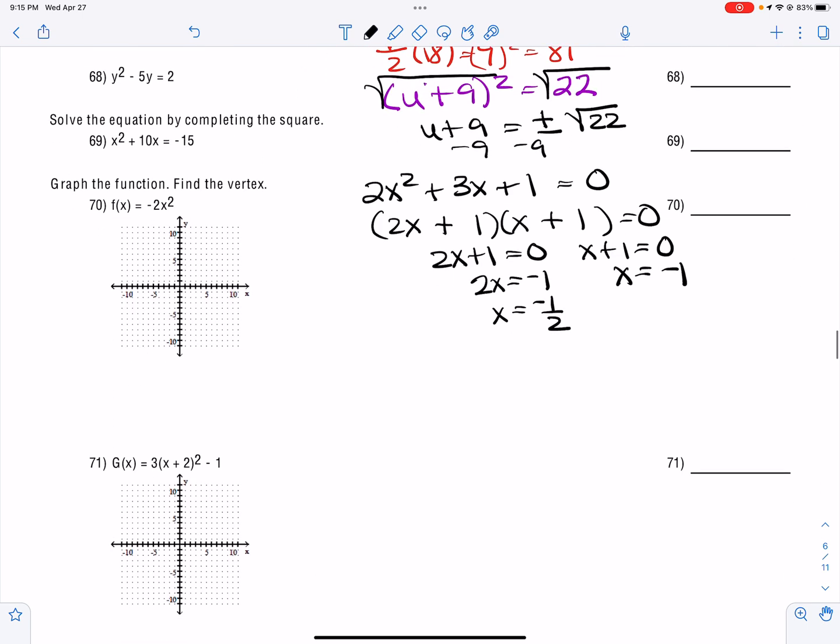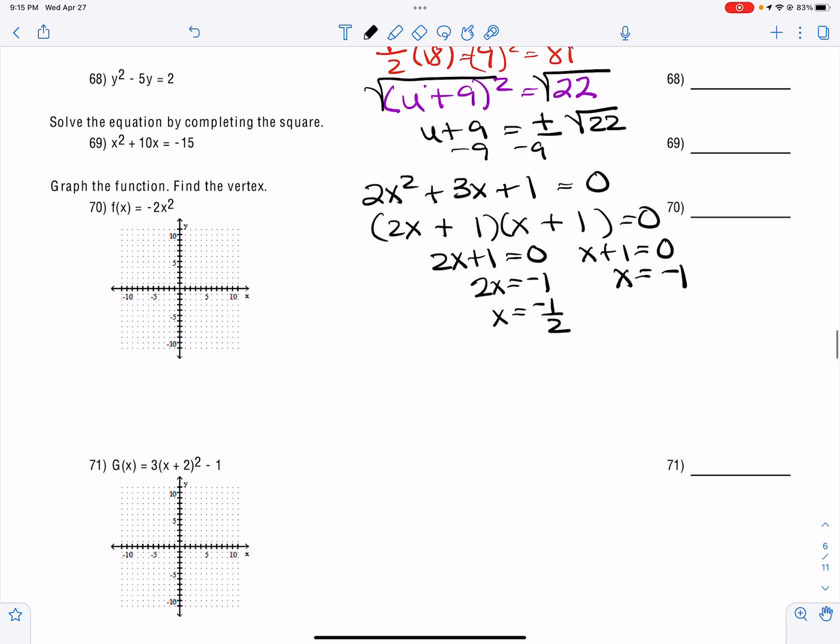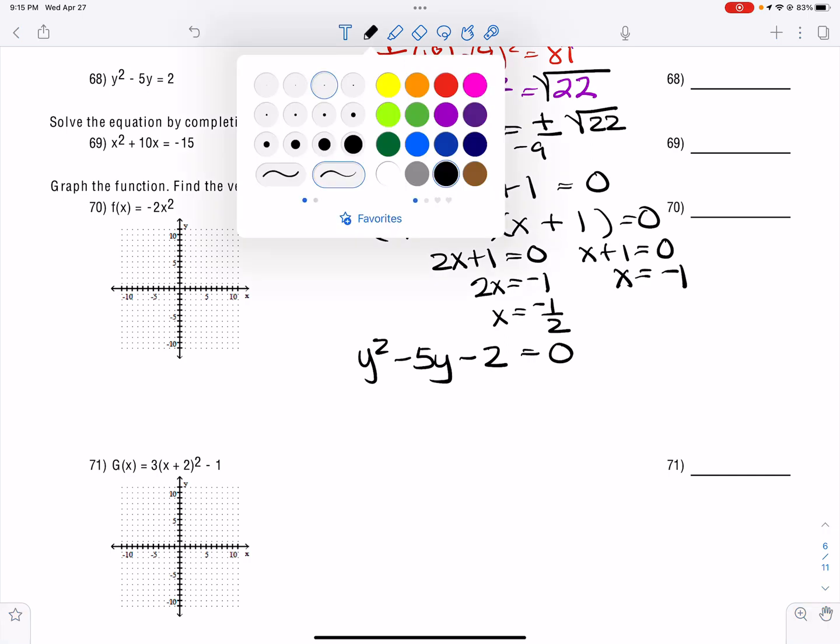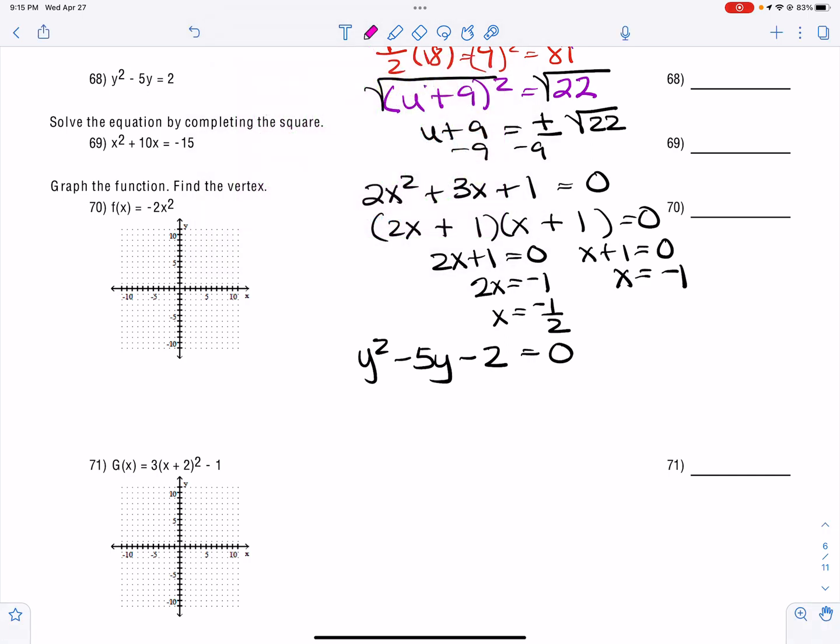So in this one, number 68, I am going to use the quadratic formula. So first I have to get everything to the left-hand side and equal it to 0. And so now I'm going to identify my A is 1, my B is -5, and my C is -2.